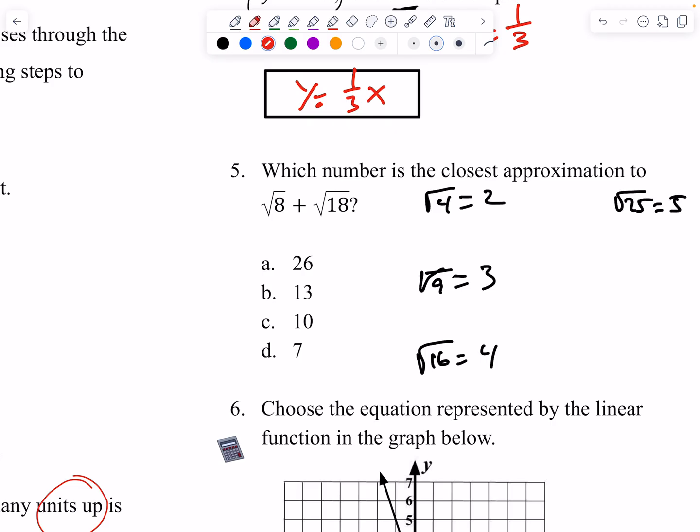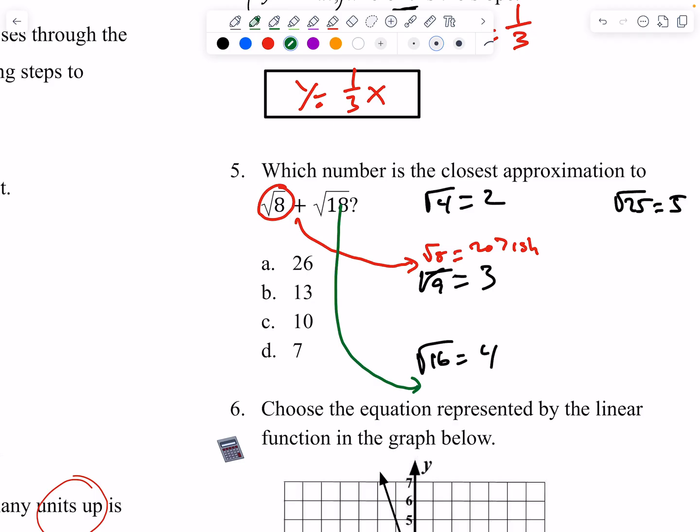So if I'm looking at this, square root of 8 is somewhere right here. So square root of 8 is like 2.7-ish. Okay, 2.7, 2.8. And then square root of 18 is right after that one.